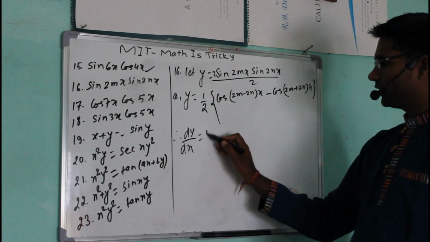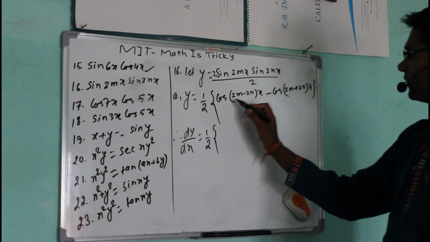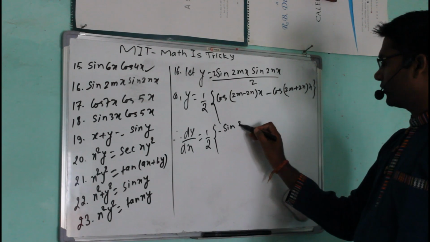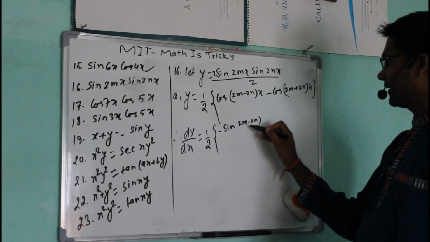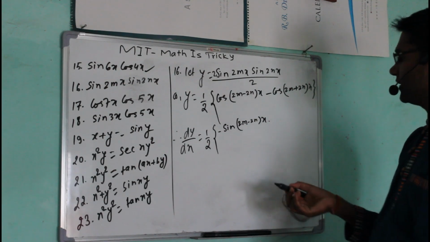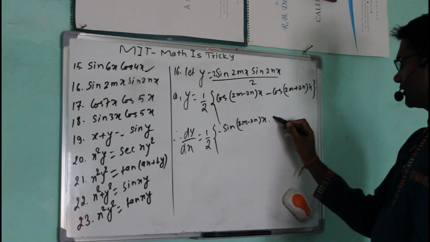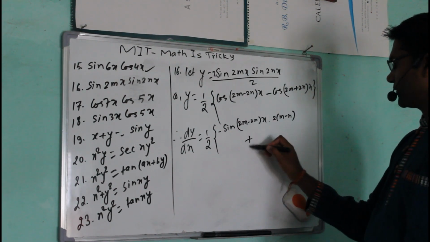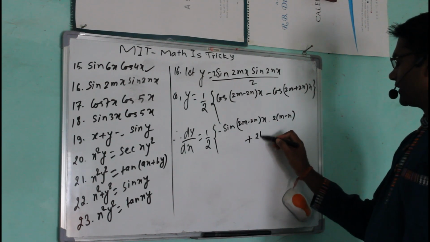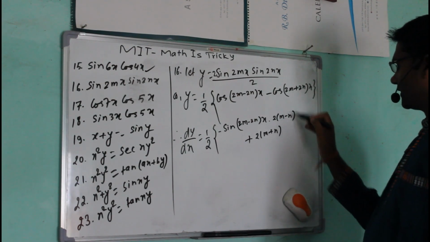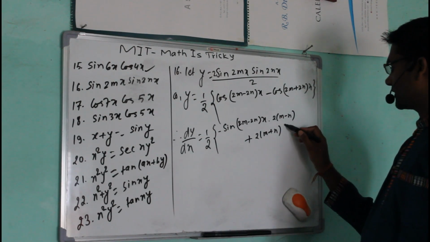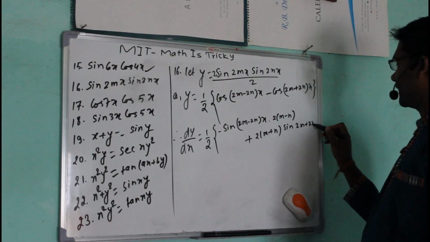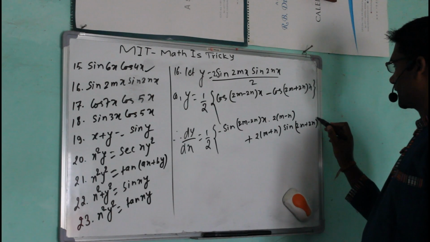Now by differentiating both sides we will get dy by dx equals 1 by 2. Simply, the derivative of cos is minus sine, so it is minus sine of (2m minus 2n) x. But remember, you also have to differentiate the angle, so it will be 2 times (m minus n). Again, the derivative of cos is minus, so minus minus is plus, and it is simply 2 times (m plus n) times sine of (2m plus 2n) times x.